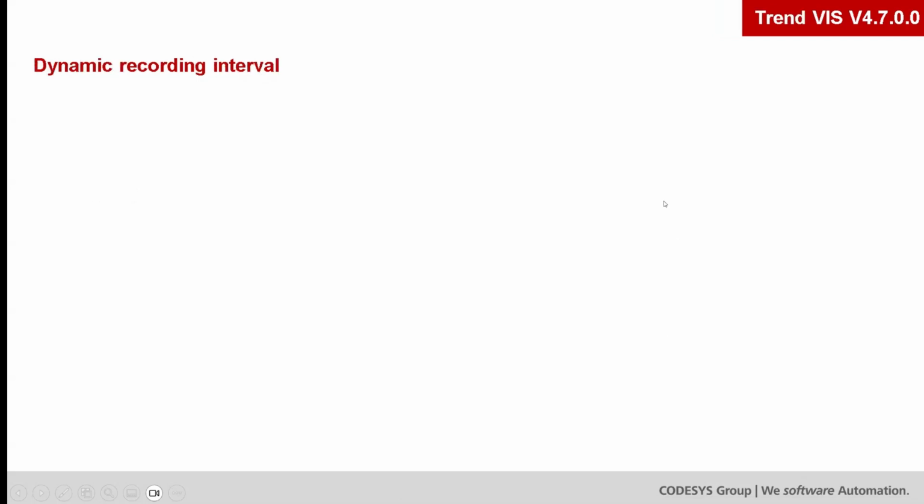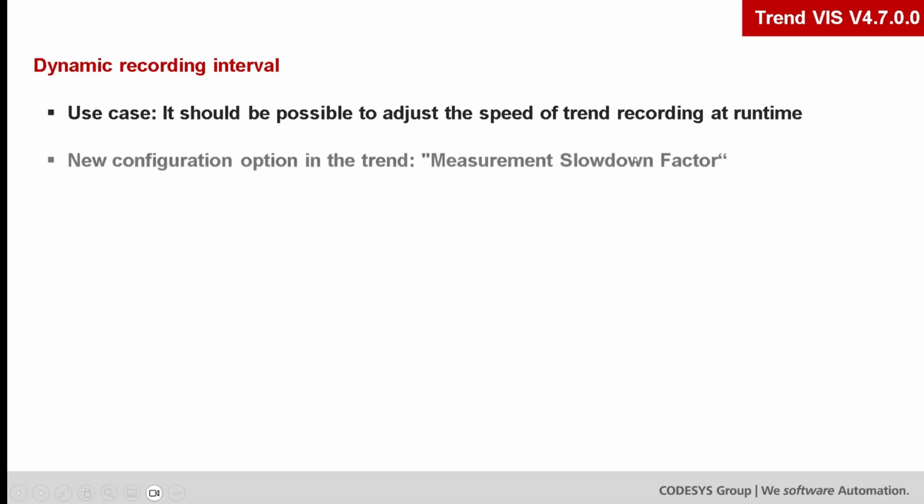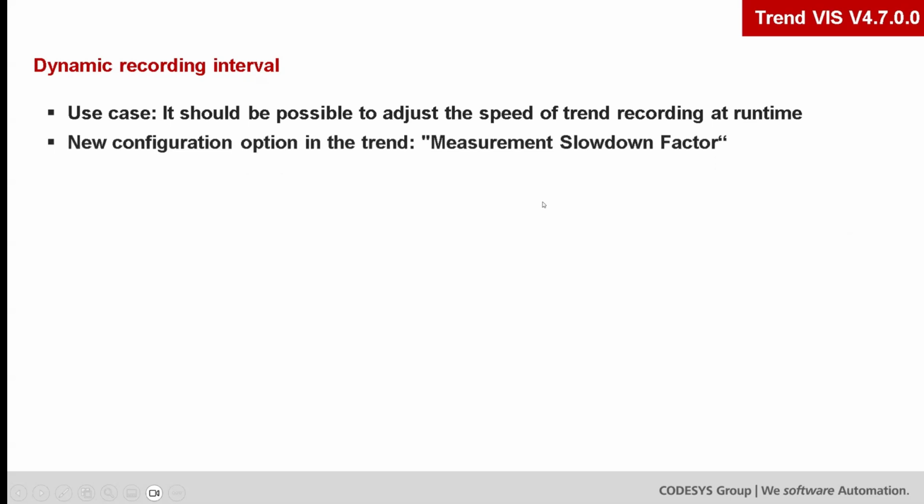The next improvement is for the trend element. We now provide a way that a dynamic recording interval is possible. The use case is that it should be possible to adjust the speed of the trend recording at runtime. A new configuration option is provided in the trend, the measurement slowdown factor.